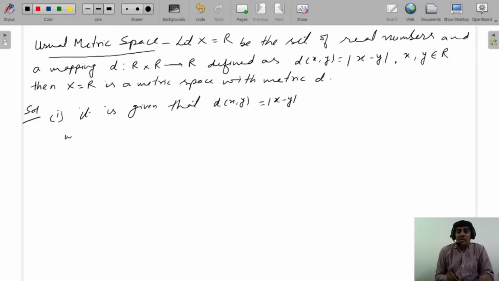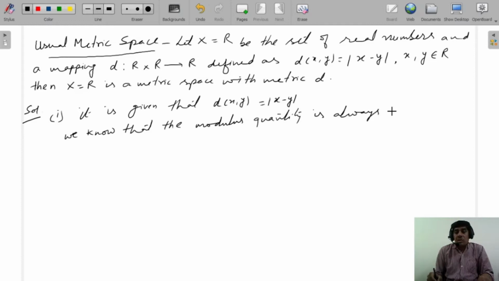We know that the modulus quantity is always non-negative.